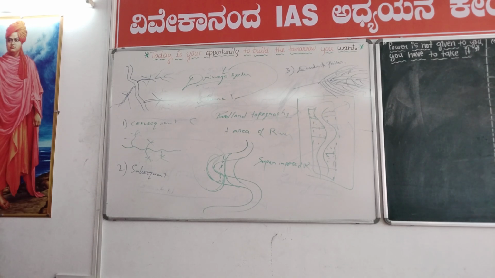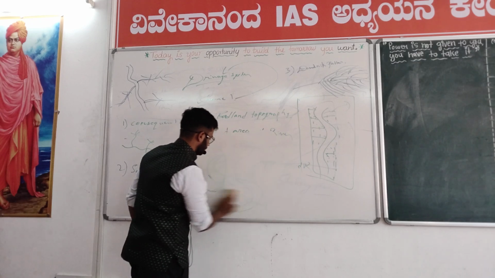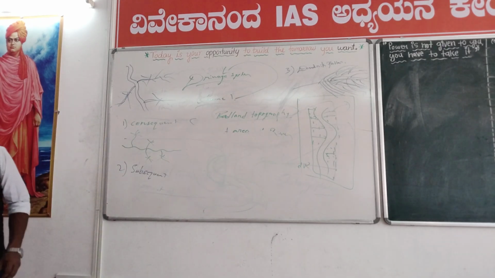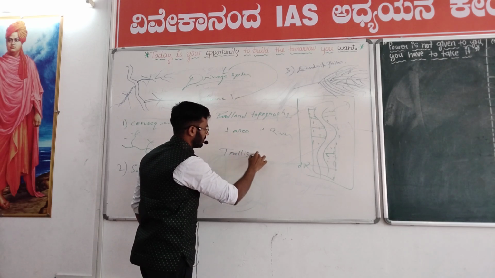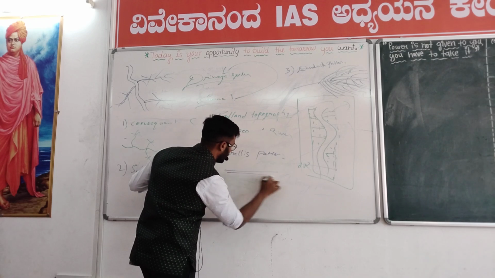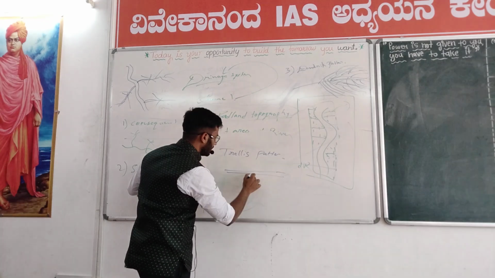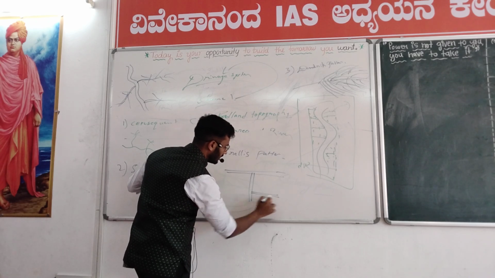Next, trellis pattern. Trellis, T-R-E-L-L-I-S. See, consider this is the main river and a tributary joins like this, at 90 degrees. For this tributary, another river joins like this.